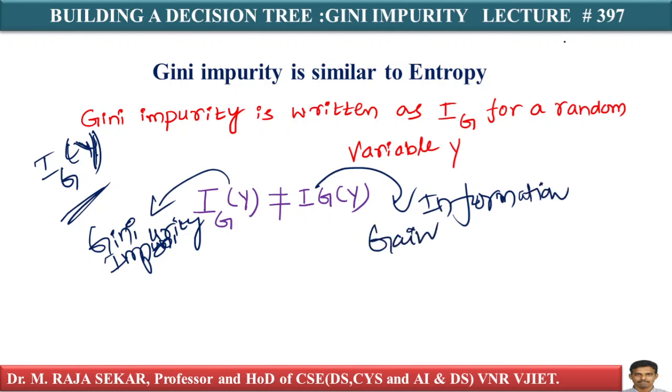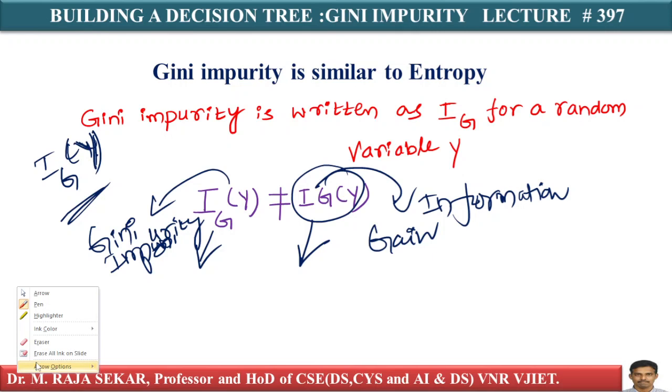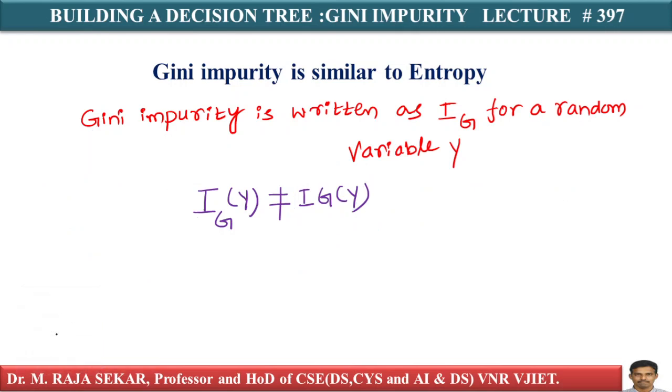But in my previous lecture, lecture number 396, there is some mistake. In that lecture, we were saying that this one is Gini impurity, but if you speak strictly, it is information gain, and this one is Gini impurity. Please observe that simple correction.